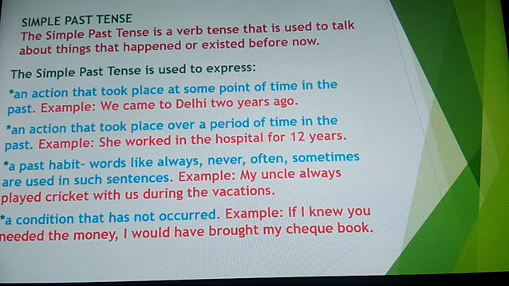So what do you understand here? Has that person given money, or has he brought his checkbook? No. He is saying that if he knew that he needed the money, then he would have brought his checkbook, because at present he did not bring any checkbook. Okay, so this is talking about a condition that has not occurred. Got it?